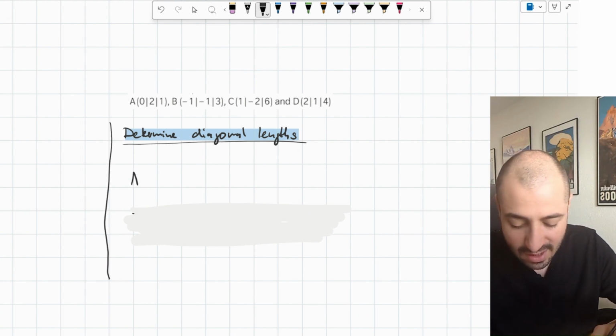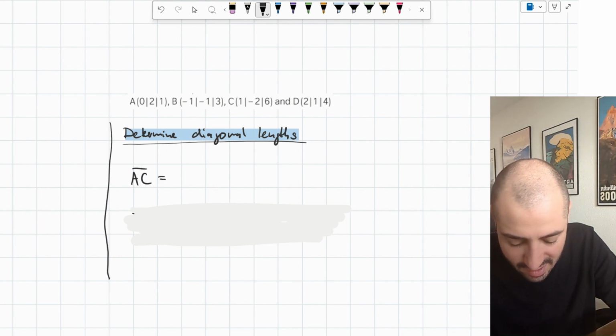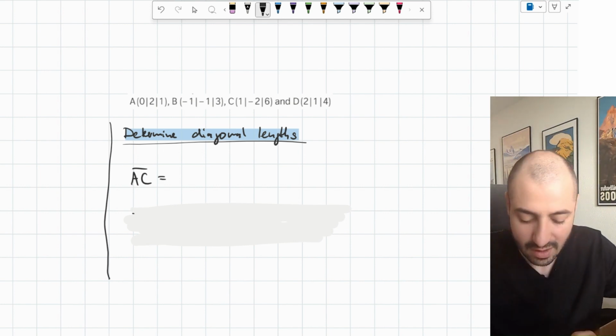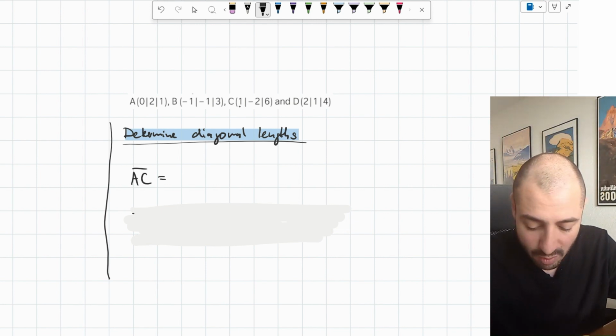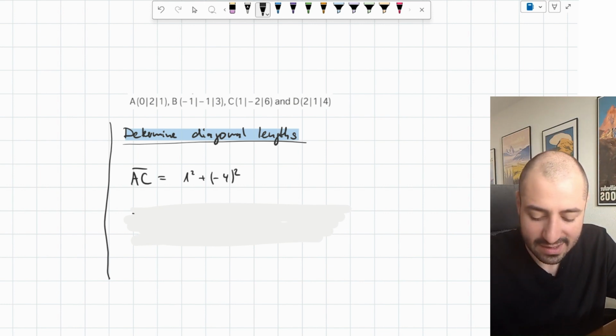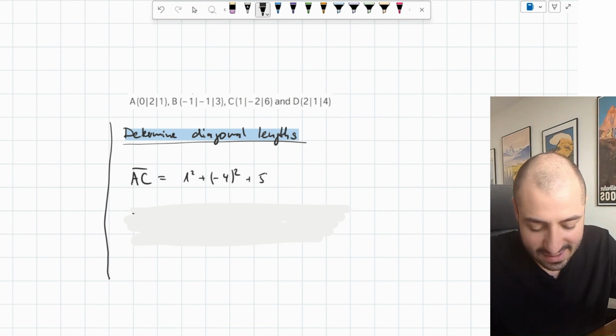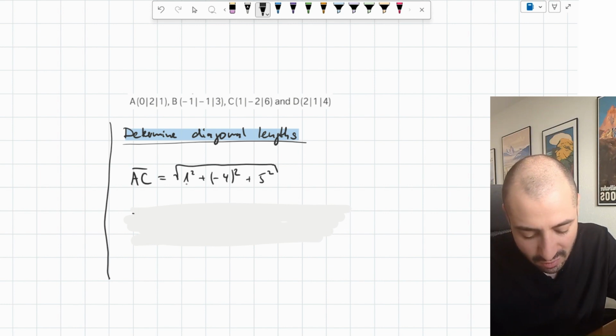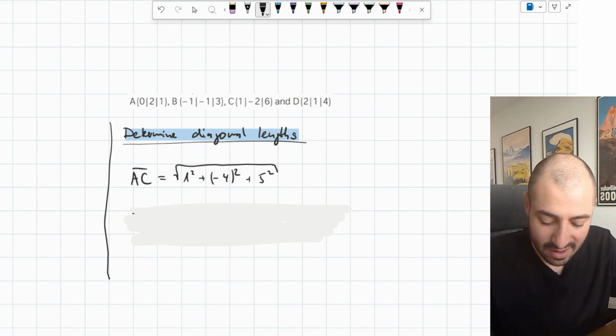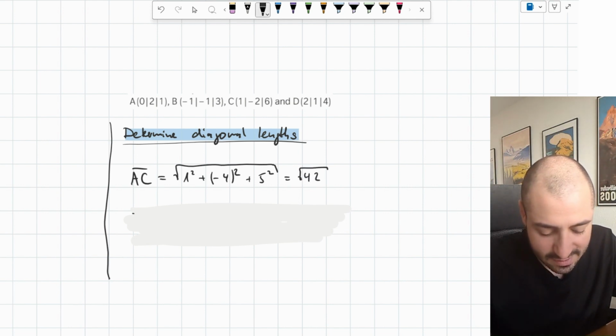So here the length AC, again we need our length formula. So the difference in x direction is 1 squared plus in y direction it's 2 minus 2. That's a difference of minus 4 squared. And in z direction we go from 1 to 6. That's a difference of 5. So plus 5 squared. And the square root of that. We count that together. So 1 plus 16 plus 25, which gives us 42, square root of that.